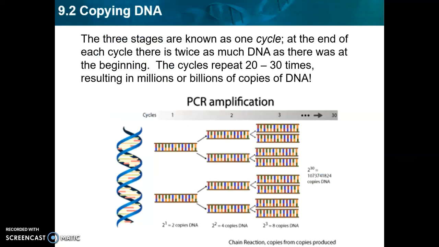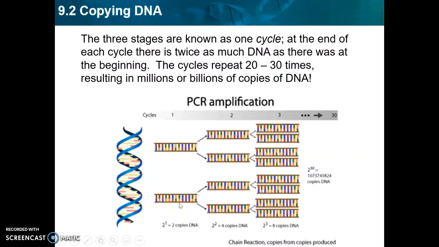All 3 of those stages together is known as a cycle. And PCR is going to cycle sometimes between 20 or 30, maybe even 35 times. And if you can think about each time that cycle happens, you are doubling the amount of DNA. So if we have this DNA, we go through one cycle, one piece of DNA is now 2 copies.